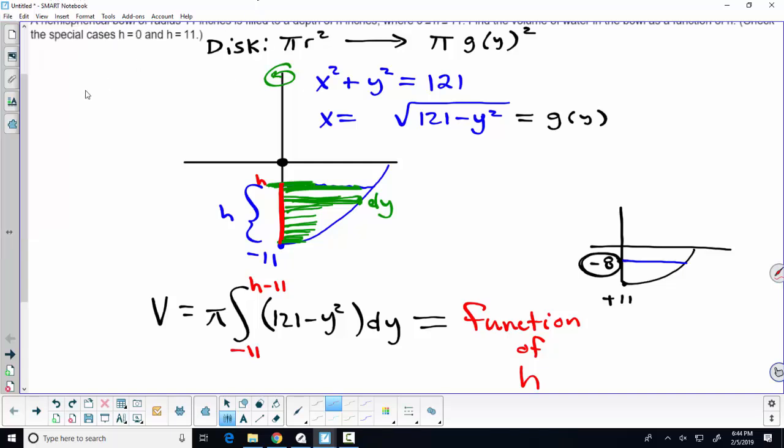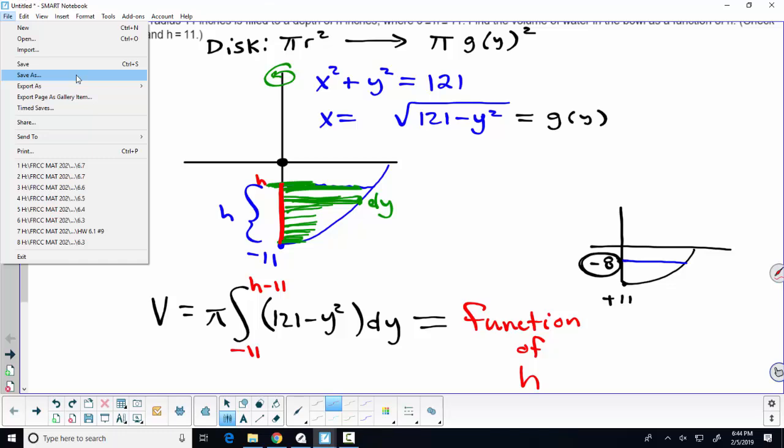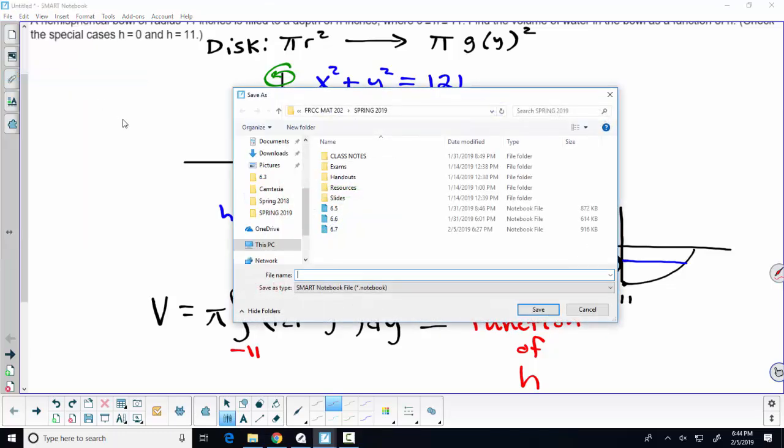Any other 6.3 questions? I have a 6.4 question. Okay. What if that was 13?